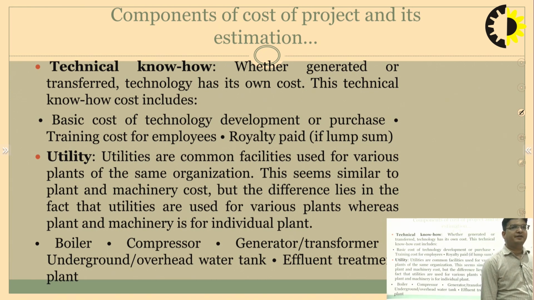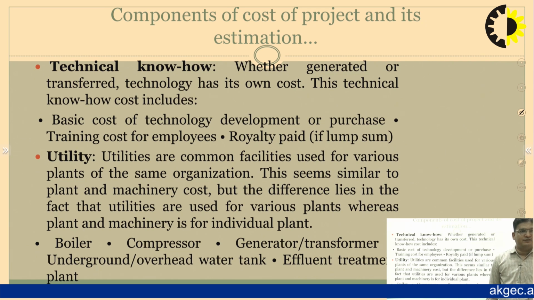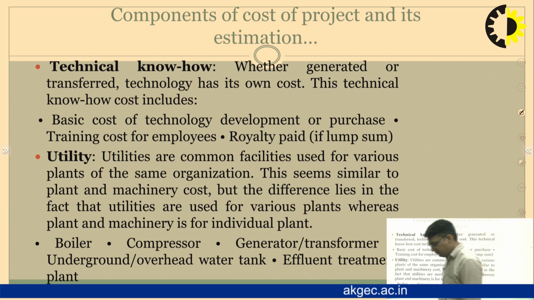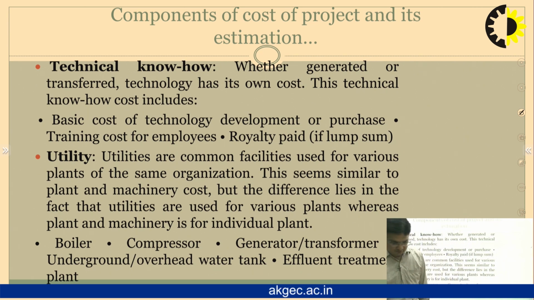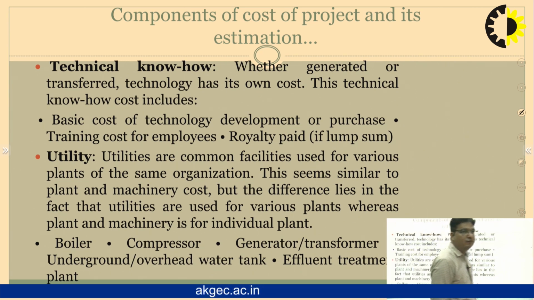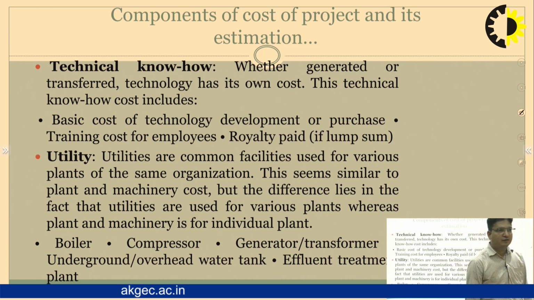Next is technical know-how, whether generated or transferred. Any technology has its own cost. This technical know-how includes the basic cost of technology development or purchase, where we are purchasing some technology from outside, then we have to provide the amount for that.